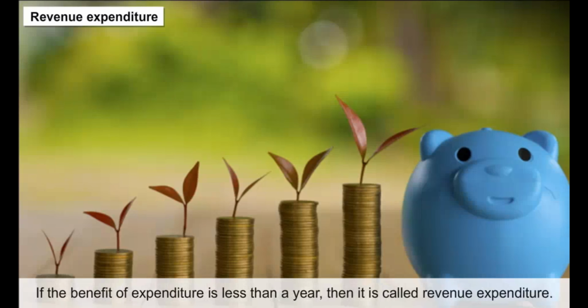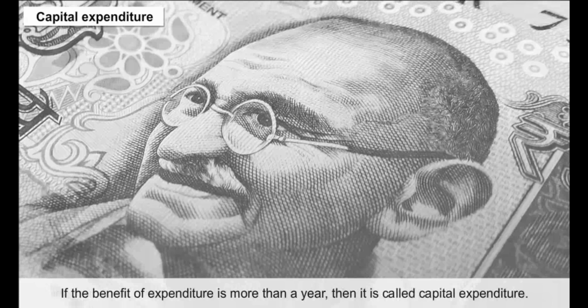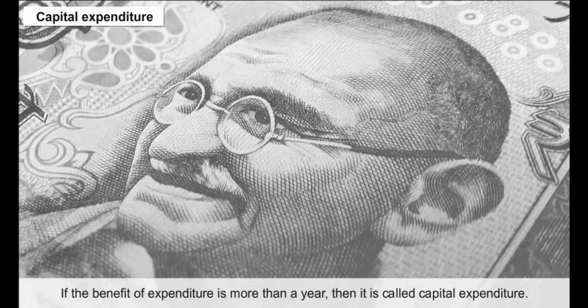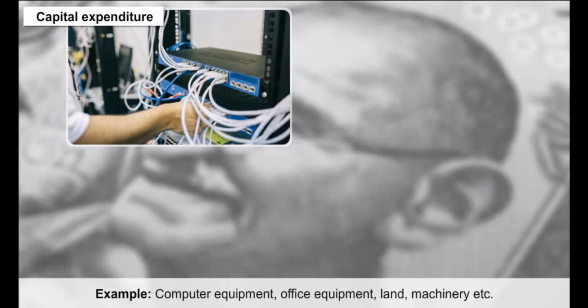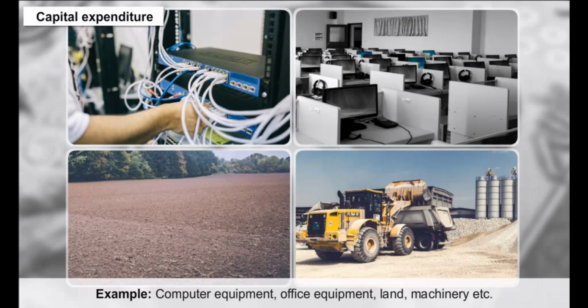If the benefit of expenditure is less than a year, then it is called revenue expenditure. Example, commission, legal expenses, insurance, advertisement, printing charges, etc. Capital expenditure. If the benefit of expenditure is more than a year, then it is called capital expenditure. Example, computer equipment, office equipment, land, machinery, etc.